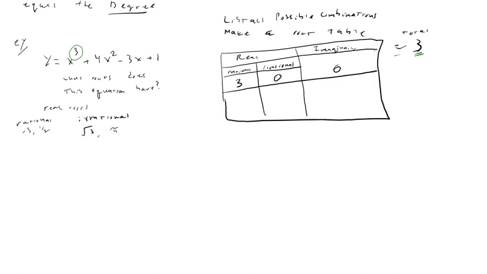That's a possible combination for this equation. I want to list all possible combinations. My real roots, I could have all 3, right? I could have my graph cross 1, 2, 3. This could be the number 6, this could be the number 2, this could be the number 7. I can cross in 3 totally regular numbers. That's a possibility.